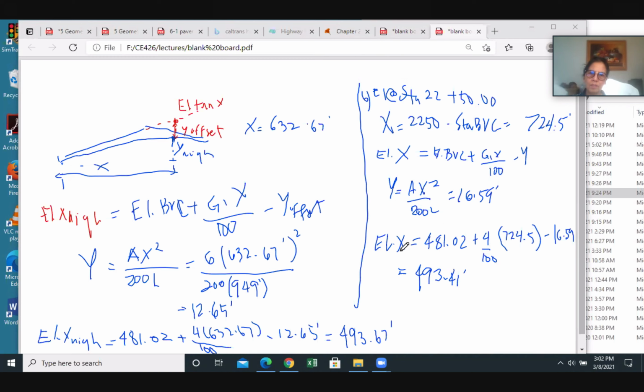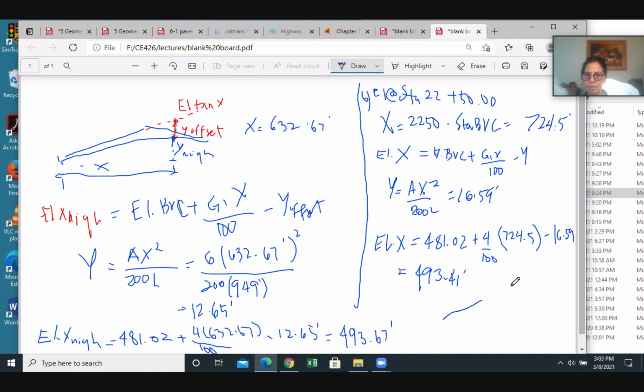Then we solve for the elevation at station 22 plus 50, and that's equal to the elevation of the BBC first, and then we extend that to the tangent right at this point. So elevation on tangent at station 22 plus 50 is 4 over 100 times 724.5. Then we subtract the value of y.